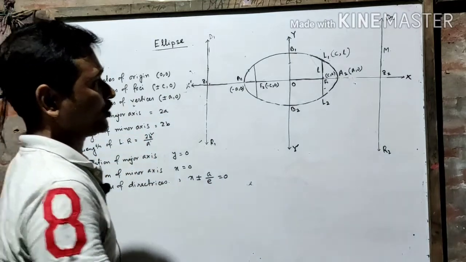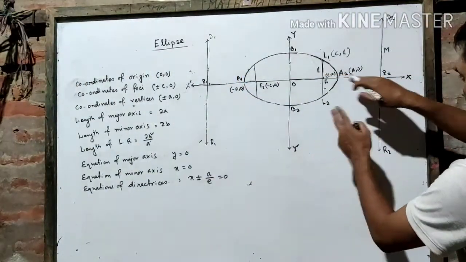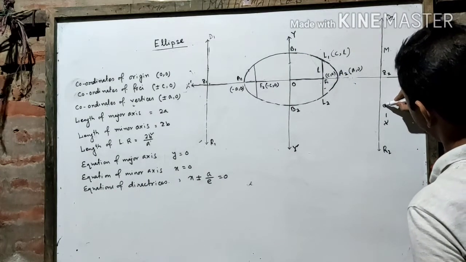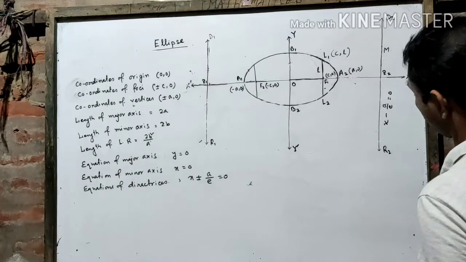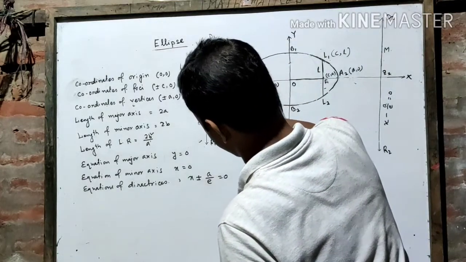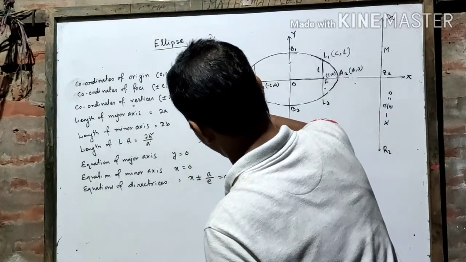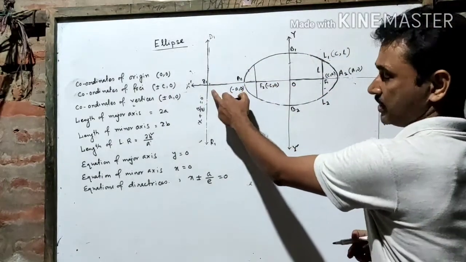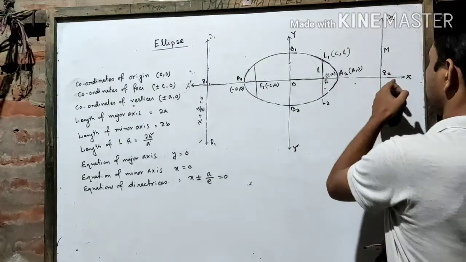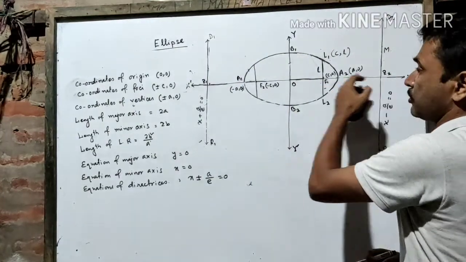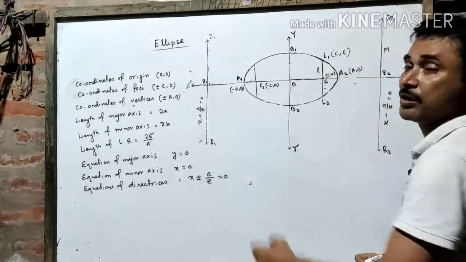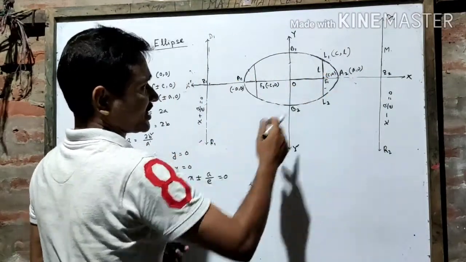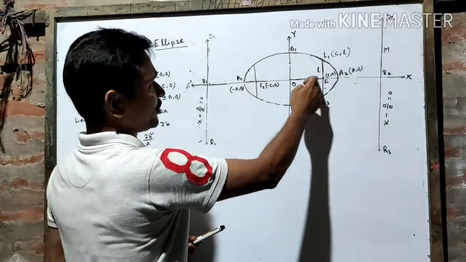This directrix is on the positive side, so x equal to a by e, that means x minus a by e equal to 0, and this directrix is x plus a by e equal to 0. This length OZ1 is a by e, this length OZ2 is also a by e. So the distance between the directrices is twice a by e. The distance between the vertices is the length of major axis, twice a. The distance between the foci is twice c.